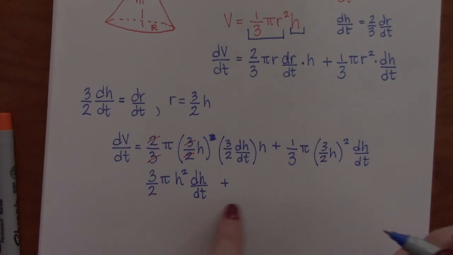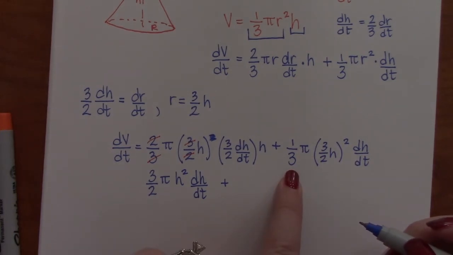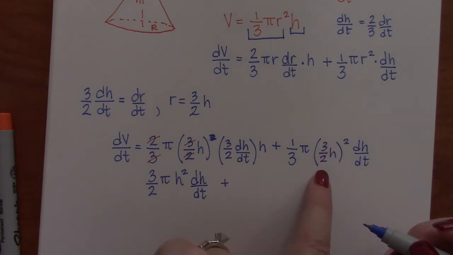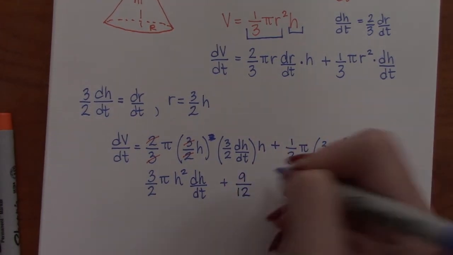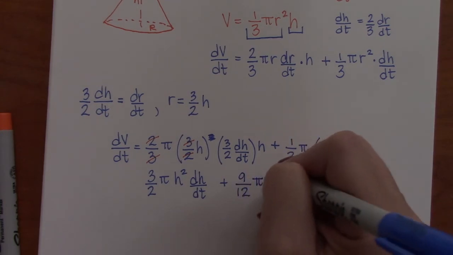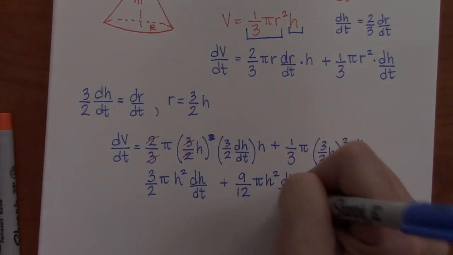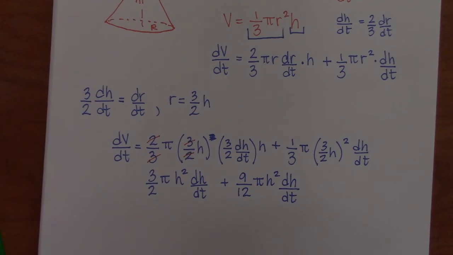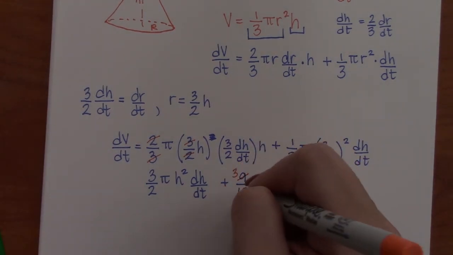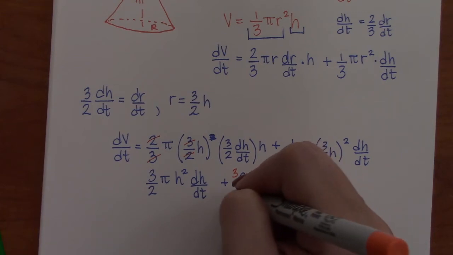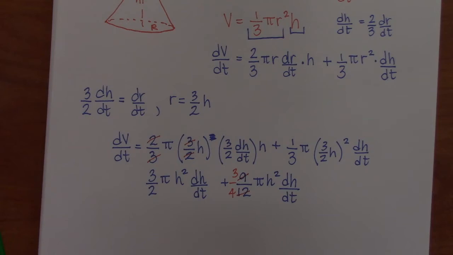Then I have 1/3 times 9/4, because this 3/2 gets squared. So it's 9/12 pi h squared dh/dt. And I can cancel a 3 out of this.